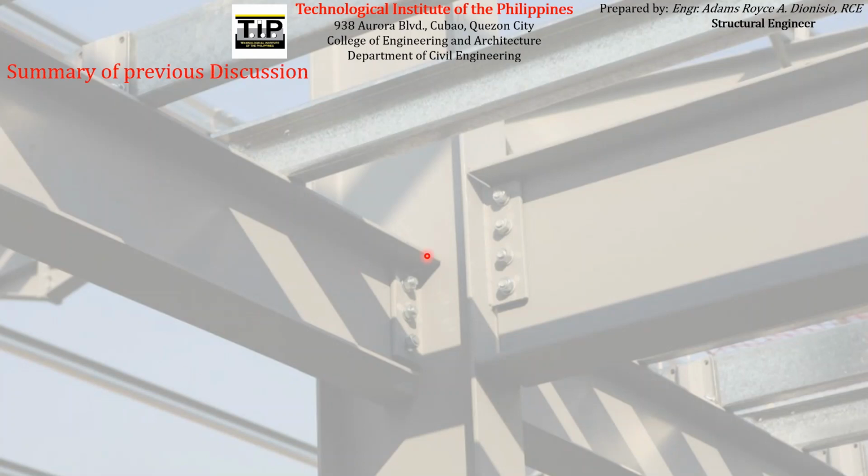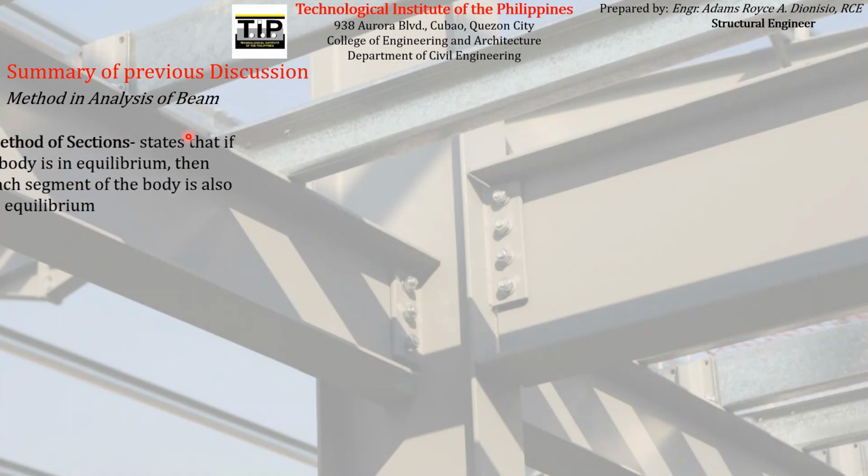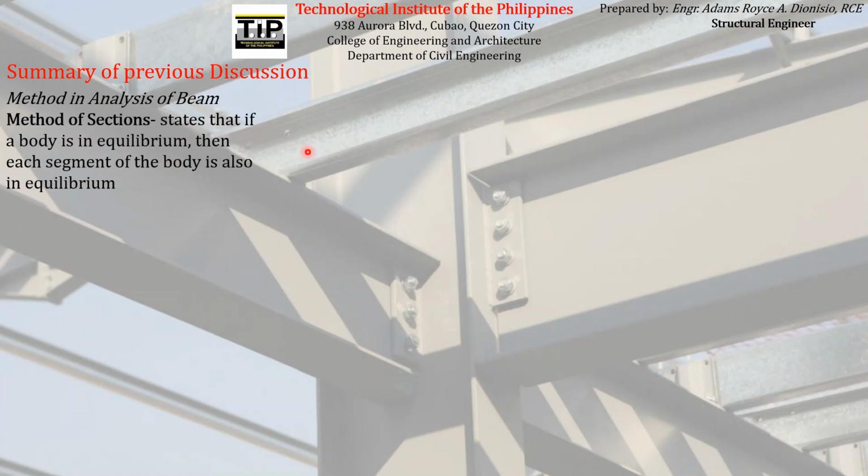Just to recap what we studied in our previous discussion: we studied how to get the internal forces acting inside a beam using the method of sections. So what does the method of sections tell us?